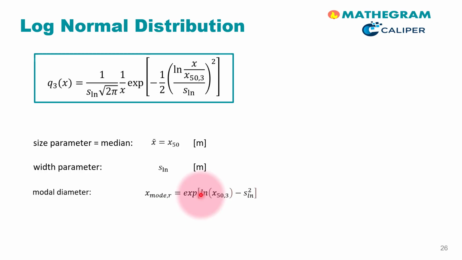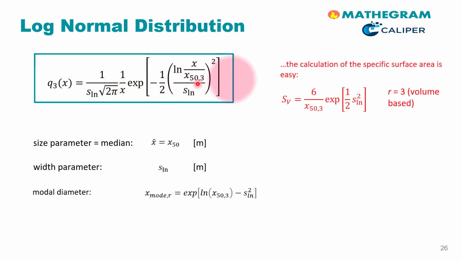As you may anticipate, this distribution has the drawback of a relatively complex expression, especially for the cumulative distribution function, which is not shown here on the slide. However, the advantage is that the specific surface area can be easily calculated from its parameters, as shown here for the volume-based and here for the number-based distribution.